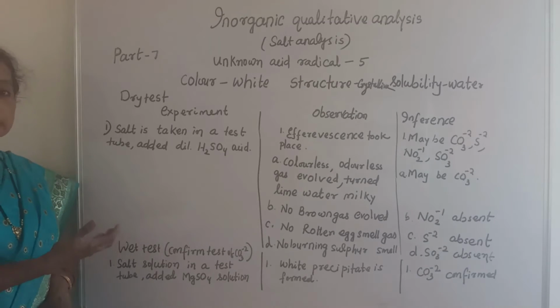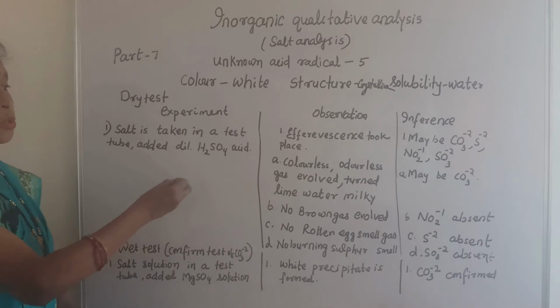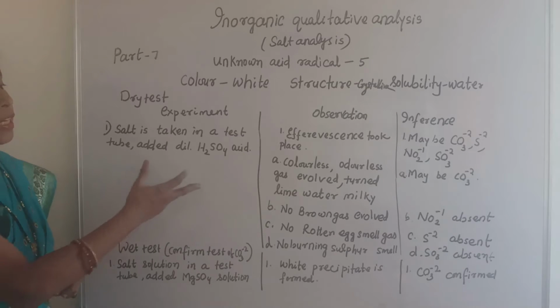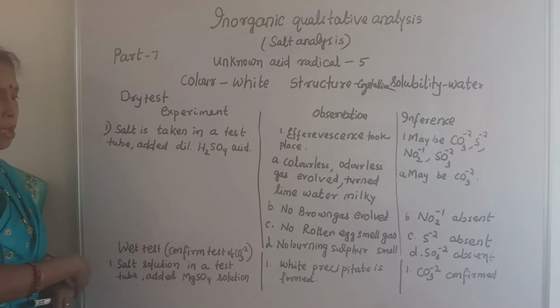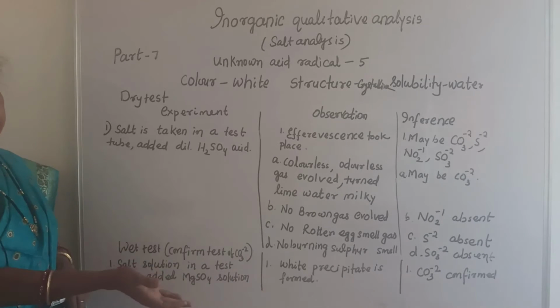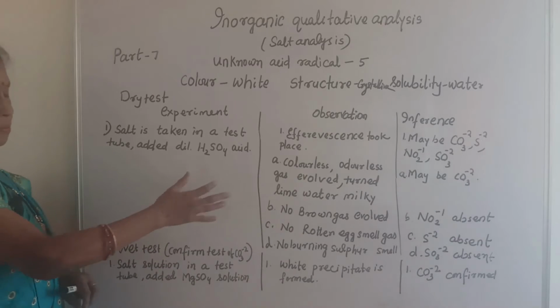Out of which, which one is it? Due to the colorless, odorless gas, and it also turned lime water milky, it may be carbonate. And the others are absent, as you are sure by the color and by the smell. So I have written nitrite absent, sulfide absent, sulfite absent. It may be carbonate.